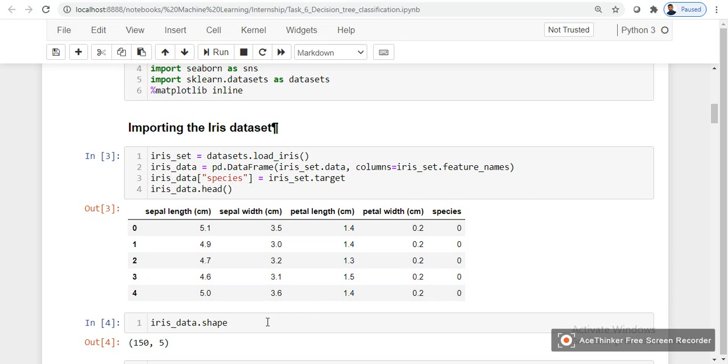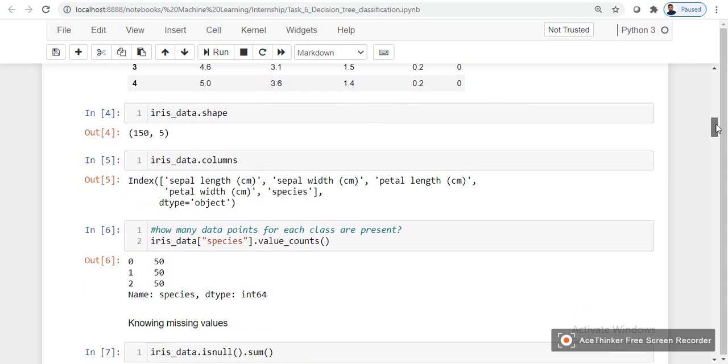So this dataset has 150 rows and 5 columns, and these are the columns: sepal length in centimeters, sepal width in centimeters, petal length, petal width, and the species.